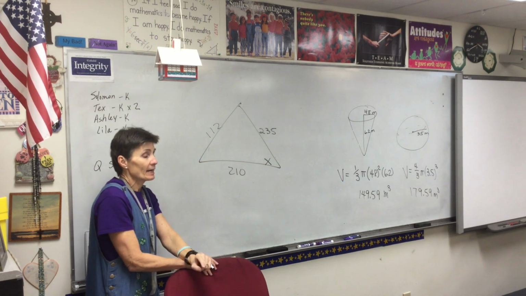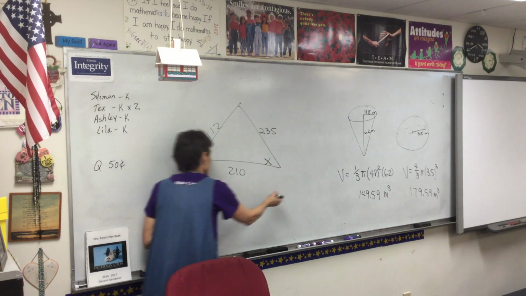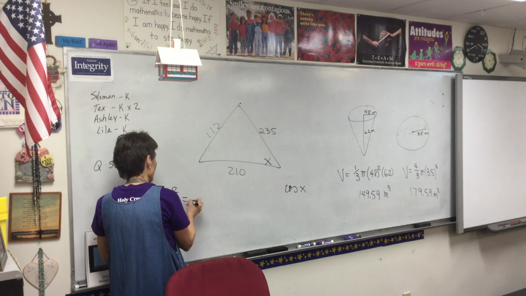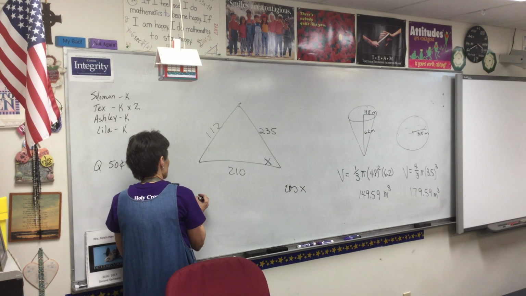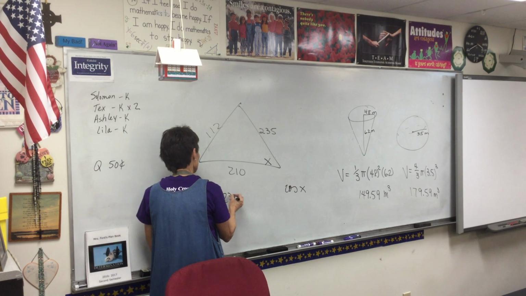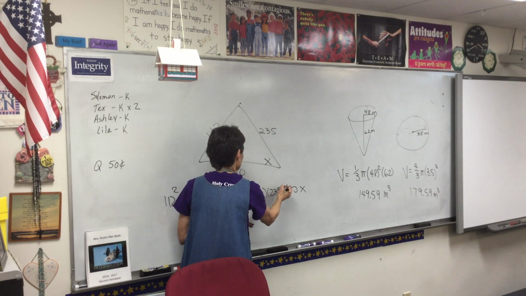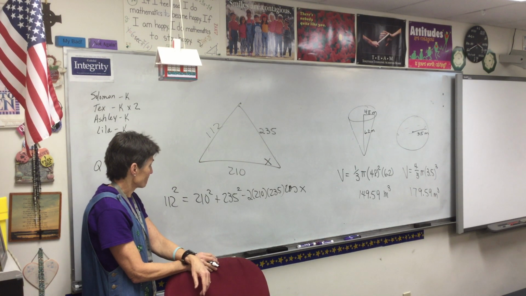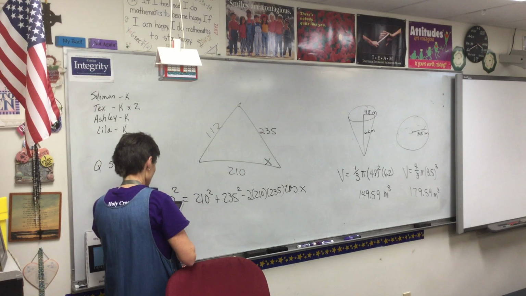All right, how are we going to find that angle? Law of cosines. So we're going to have cosine x out here, and 112 squared out here. So 210 squared plus 235 squared minus 210, 235. This one's not as easy because that's where the variable is.